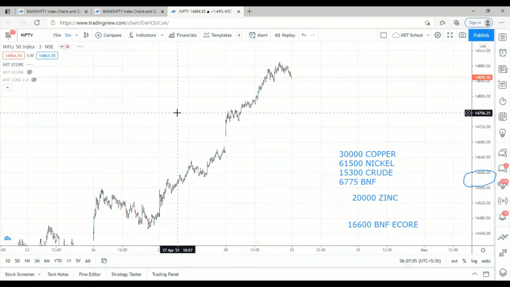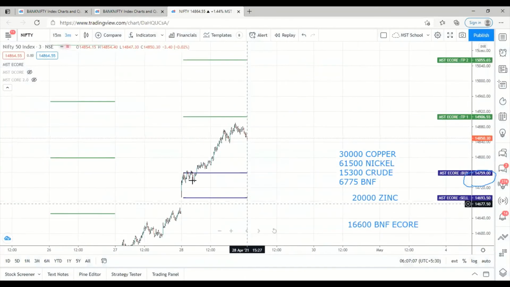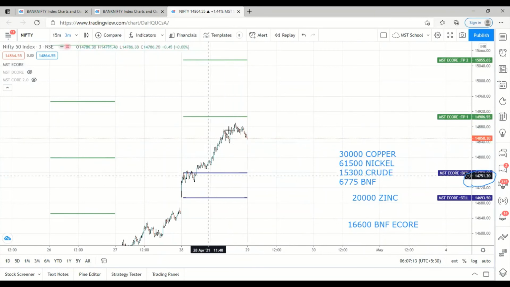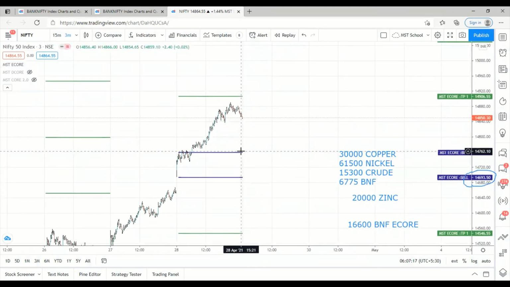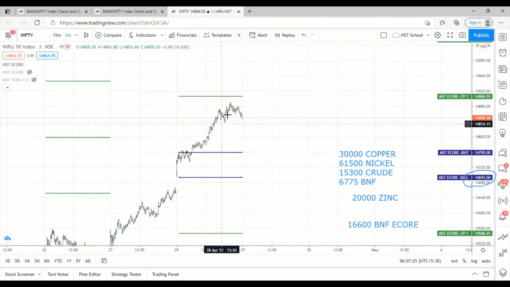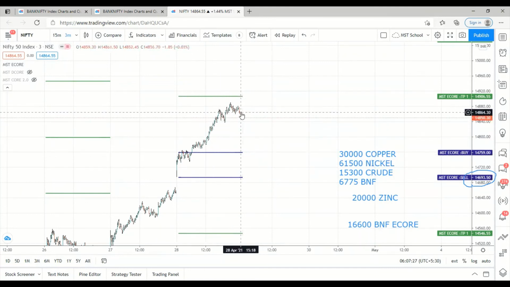Okay, Nifty. So yesterday what happened? Buy activated and first target almost done here. Here the target ratio is 1:2. If you can see, this is our SL. So buy entry is the SL for the sell and sell entry is the SL for the buy. Nifty will not see that much movement. The movement is very slow here, but the target is big.